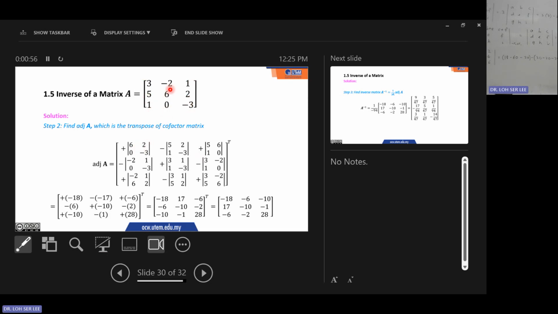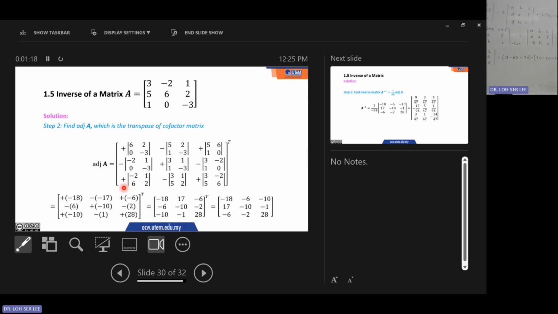At this position, remove this one, you have 521 -3. Same goes to this one, you have 5610. You do the same procedure for every single entry, then you will get the cofactor matrix.